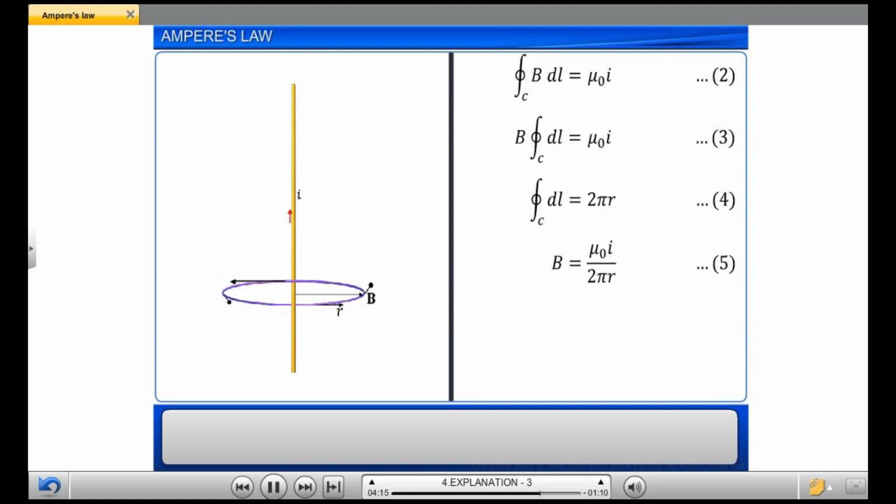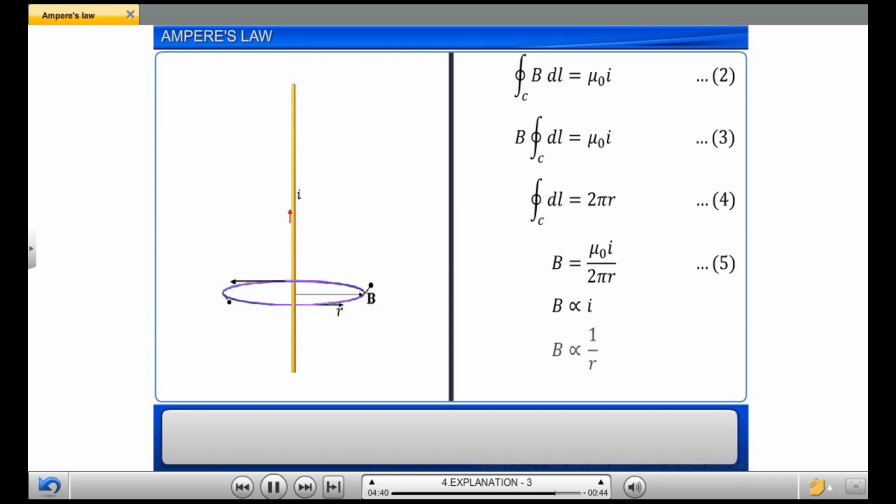Even if the conductor is infinitely long, the magnetic induction due to the conducting wire is finite. The magnetic induction is directly proportional to the current passing through the conducting wire. That is, B is directly proportional to I. The magnetic induction is also inversely proportional to the distance from the conducting wire.